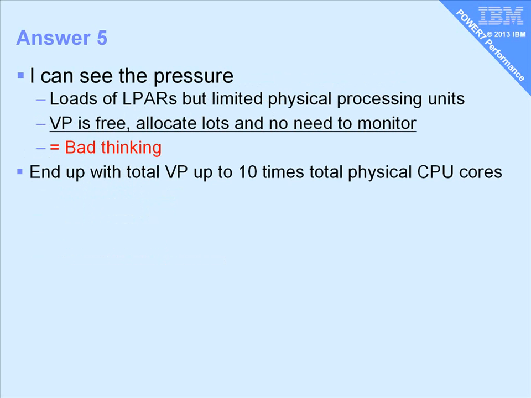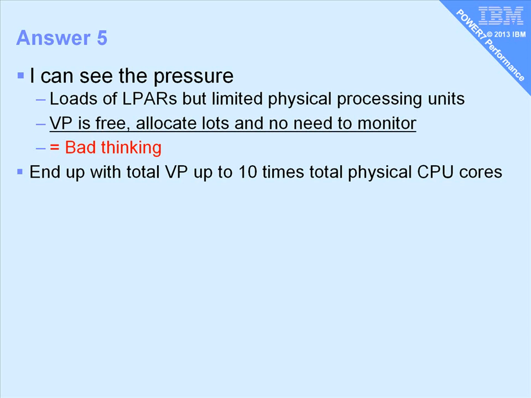Now I do understand the pressure. You have loads and loads of logical partitions, but a physical number of CPUs you need to run them on, and you have to divide those physical resources into all the logical partitions you want to run. And if we look at the virtual processor number, it very much sounds like it's free. People may ask, what's the difference between 3 and 4, and how much extra does that cost?